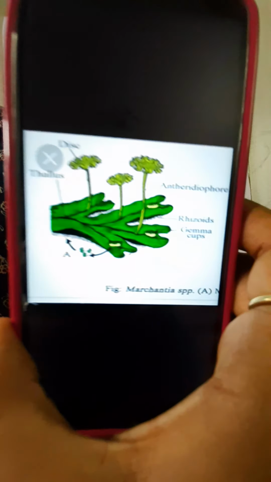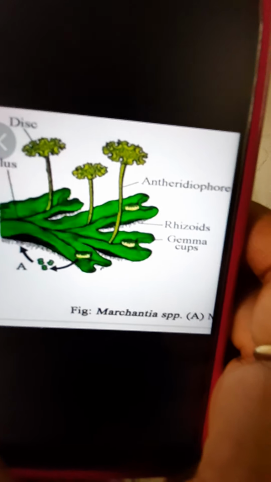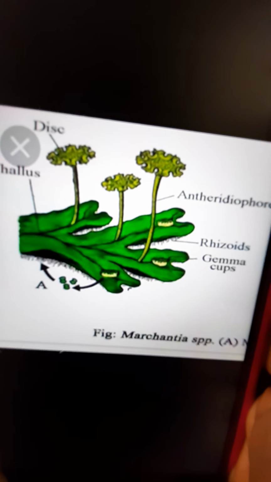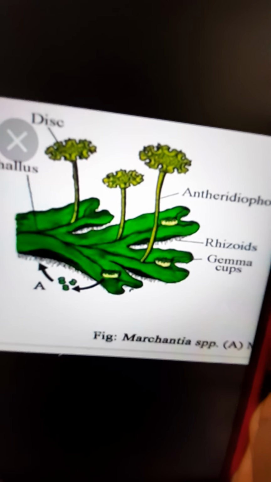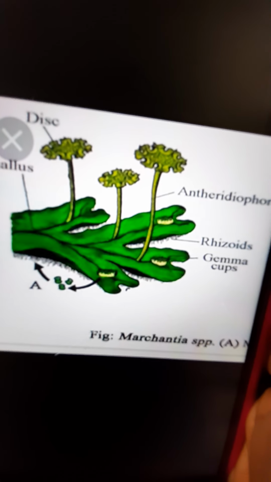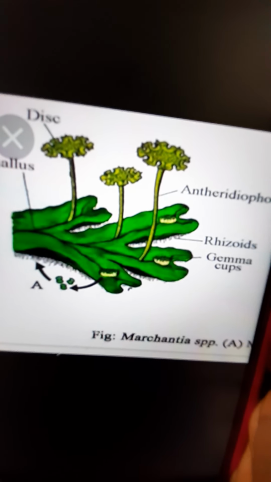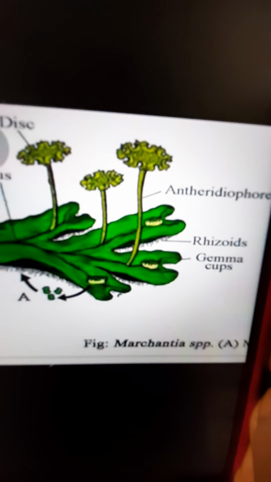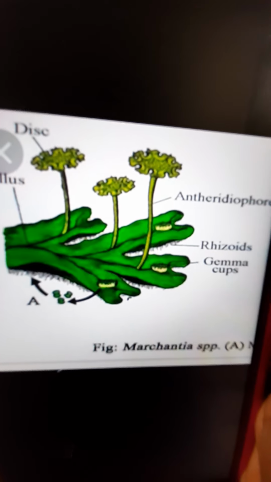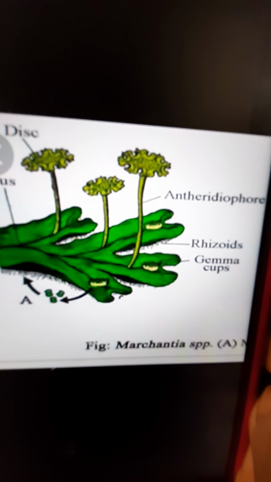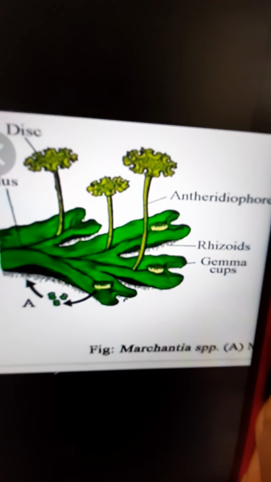And this is Marchantia with antheridiophore. You are able to see rhizoids and antheridiophore which bears antheridium. Just like antheridiophore you can also see archegoniophore.